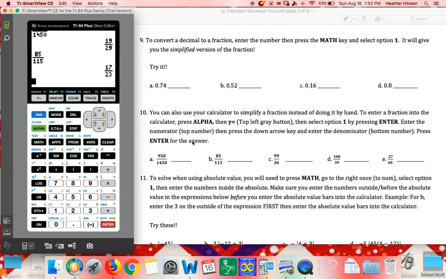Okay, for C, again, alpha, the green button, Y equals at the very top, and we want numerator over denominator. So enter on that to select it, and 99 over 36. So 99 on top, click the down button, and put in 36. And then you just hit enter.